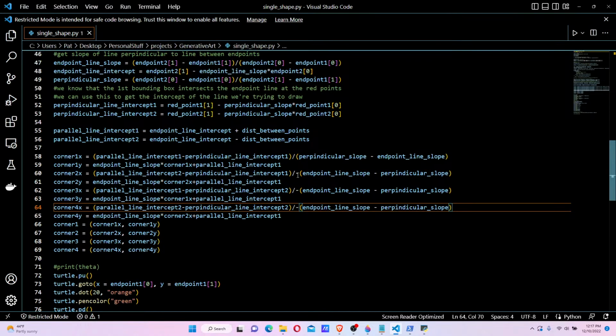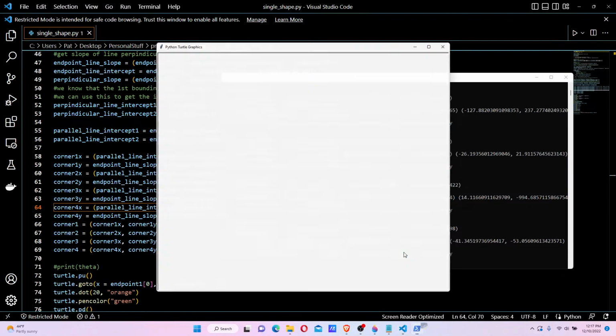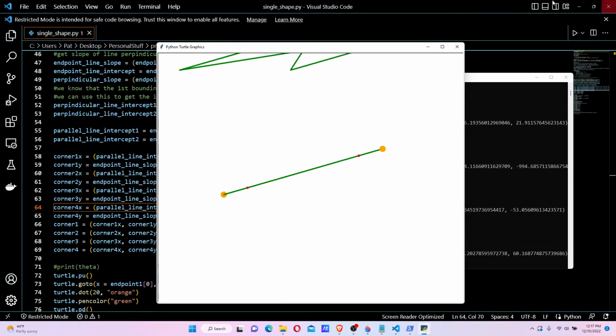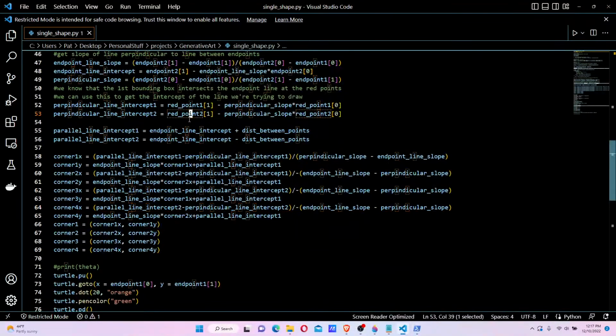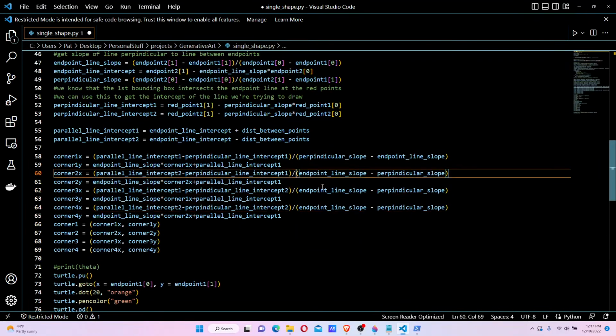So if we put negatives in front, see if that could be a quick fix that works. Nope, still wrong. So this should be minus endpoint line slope.